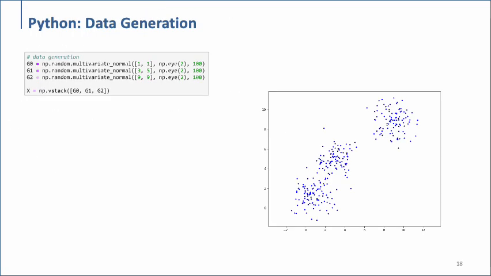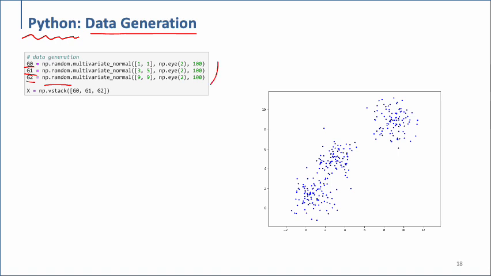Keeping this in mind, let's implement the k-means clustering algorithm in Python. First, let's generate some data to be clustered. Let's allocate G0, G1, and G2, which are random multivariate normal distributions in two-dimensional space.